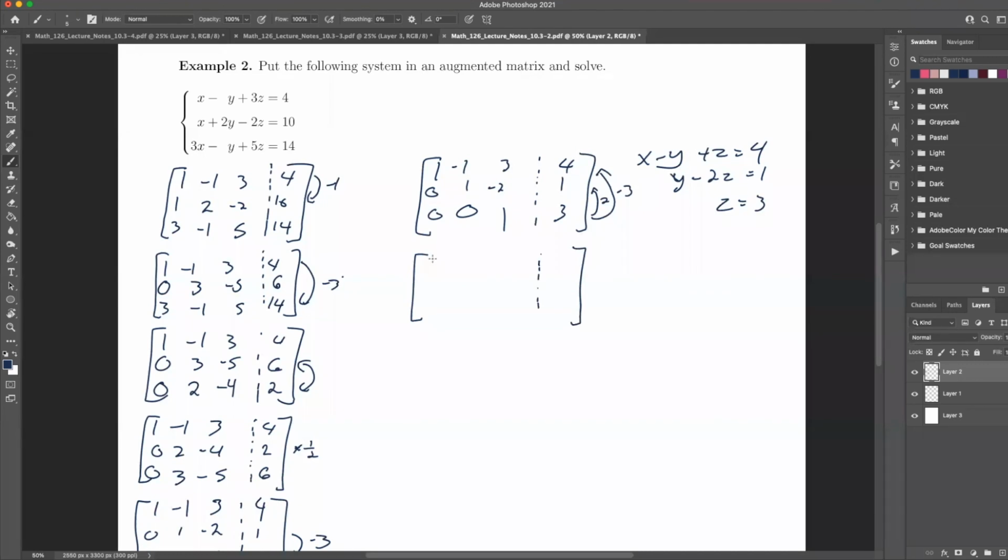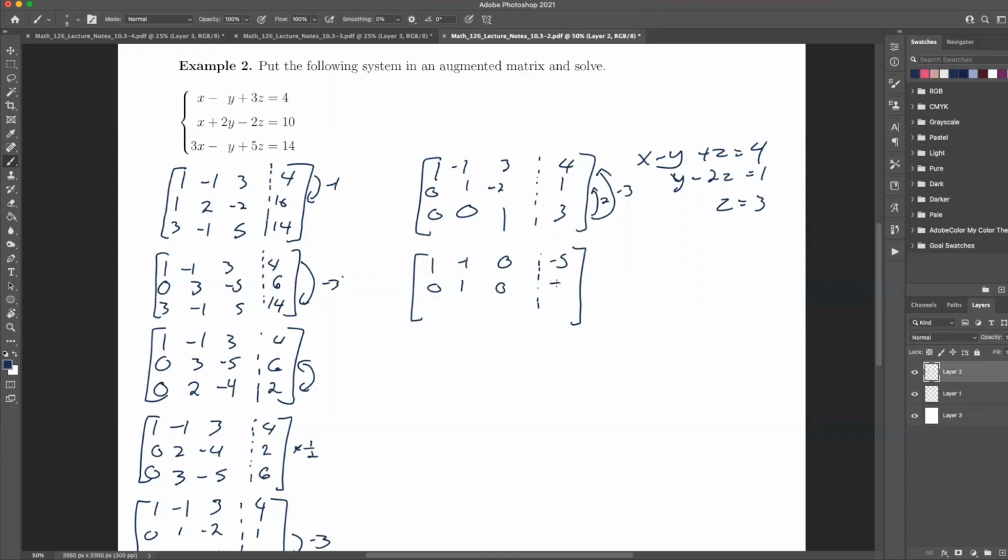So here this will be 1, negative 1. This is really easy. This is 0, and then negative 3 of this would be minus 9. So this becomes minus 5. And then here we have 0, 1. I'm adding 2 times of this row, so that's 0 by design, and this becomes 7.